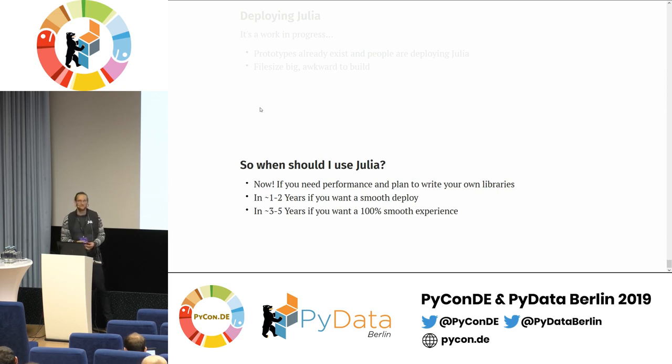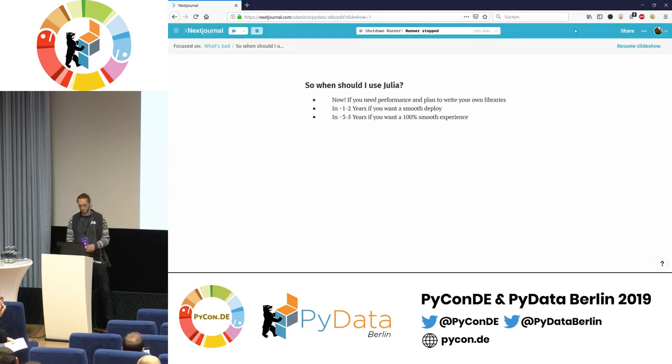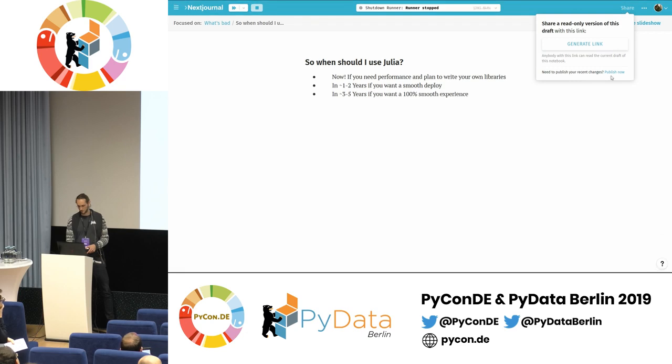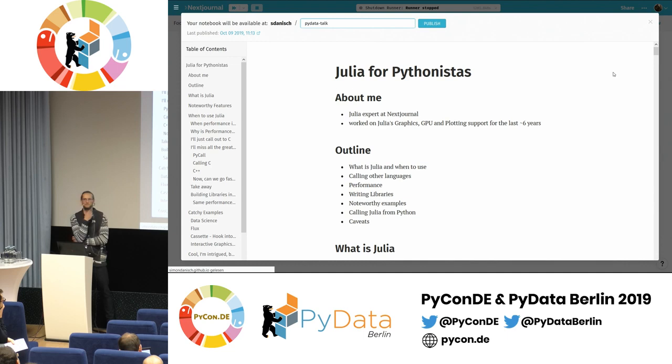Other questions? Hey, from your presentation, as far as I understood, you can directly inherit from classes in Python. Is that correct? And can you elaborate a little bit on how that works? Do you get everything predefined in Python, upper in the hierarchy, in Julia, and how do you call that?